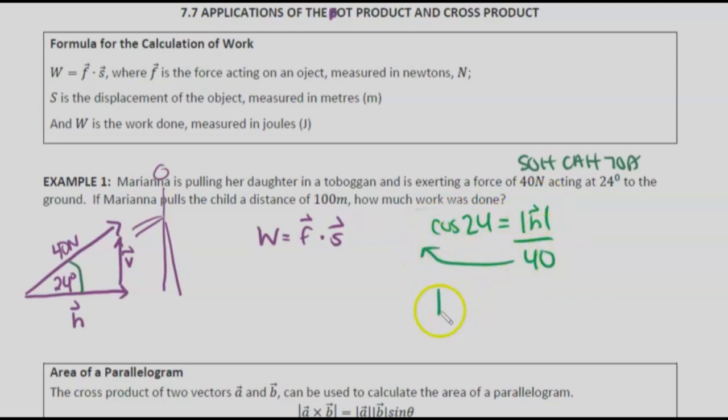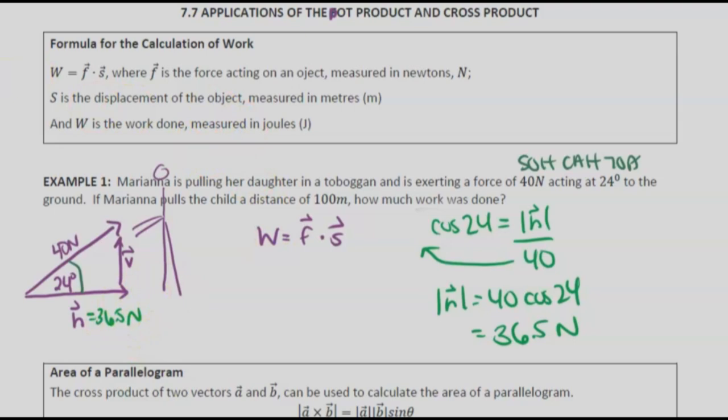We can cross multiply, so the magnitude of h is just 40 cos 24, which gives us 36.5 newtons.